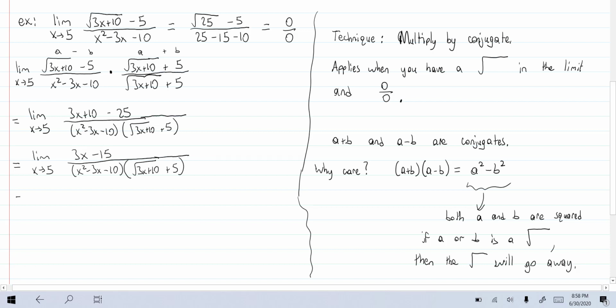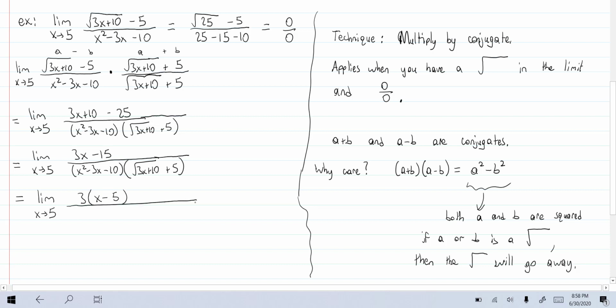Okay. Now we have a polynomial in the numerator, and we've also got a polynomial in the denominator. So now I'm also going to factor. So this is kind of using a little bit of the first technique as well. In the numerator, we can factor out a 3 from everything.